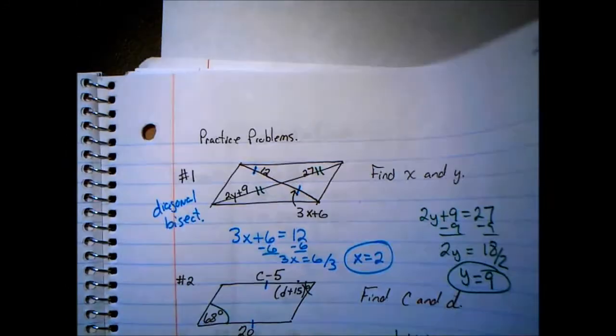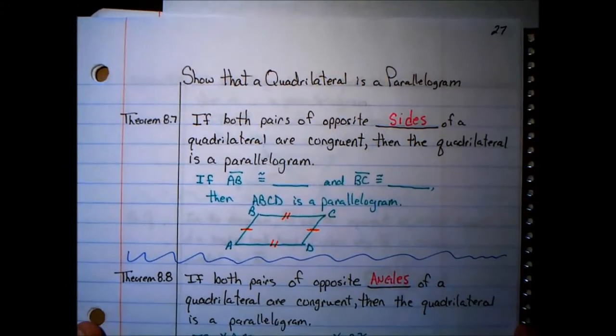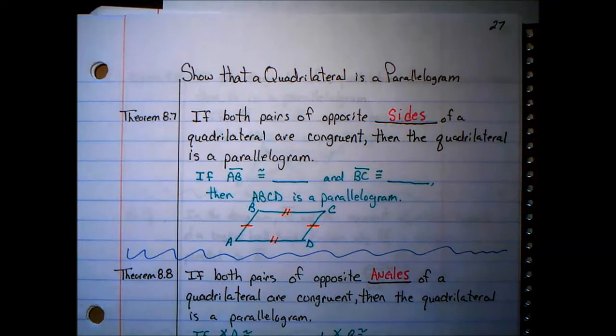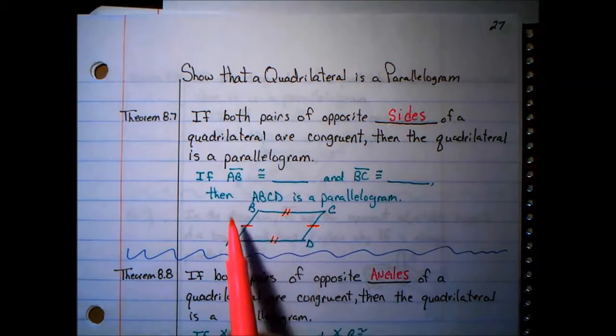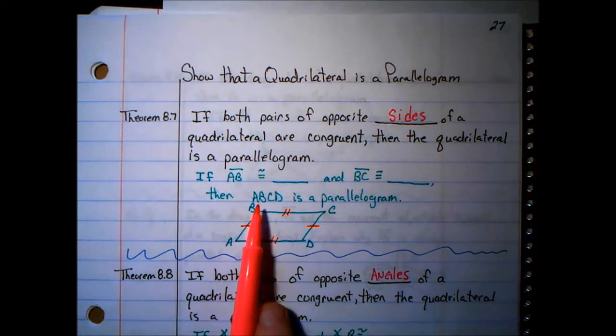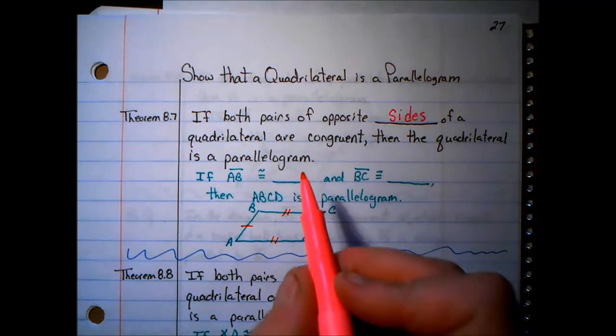Next page. Okay. It says title, show that a quadrilateral is a parallelogram. Theorem 8.7 says that if both pairs of opposite sides of a quadrilateral are congruent, then it's going to be a parallelogram. So for the example here, AB is congruent to the opposite side, which is CD.